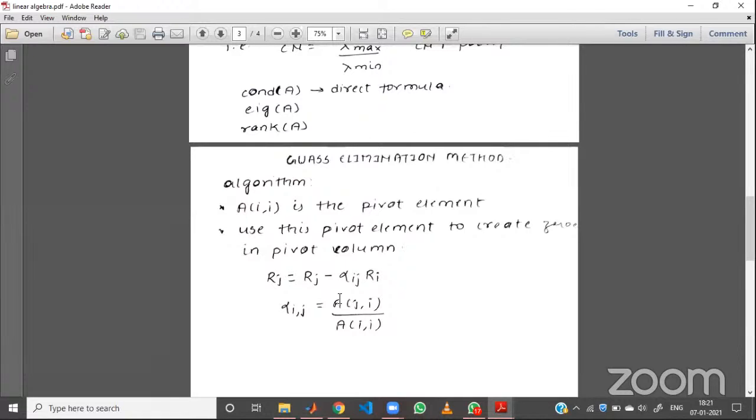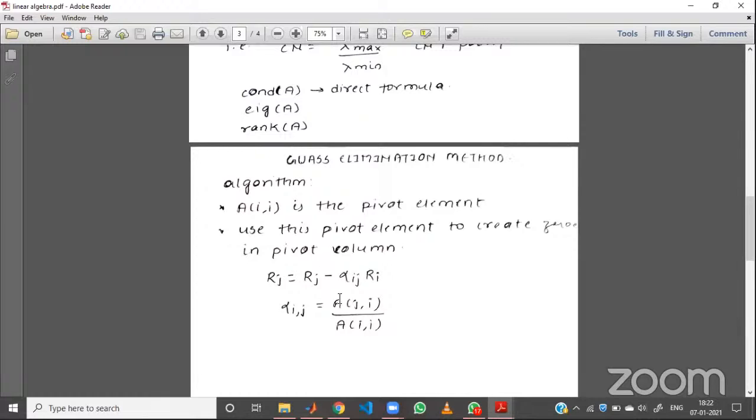We take every element a(i,i) as the pivot element: a(1,1), a(2,2), a(3,3), a(4,4). Let's see here only a 3 by 3 matrix. How many pivot elements will we have? Three.